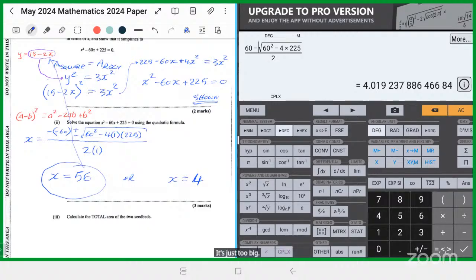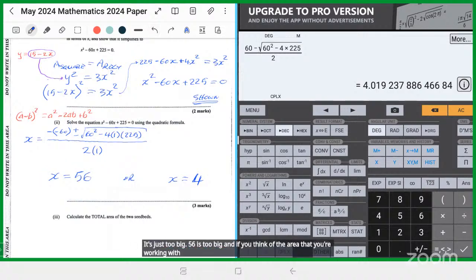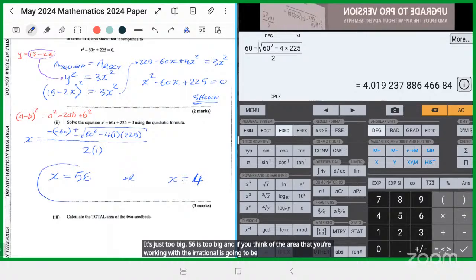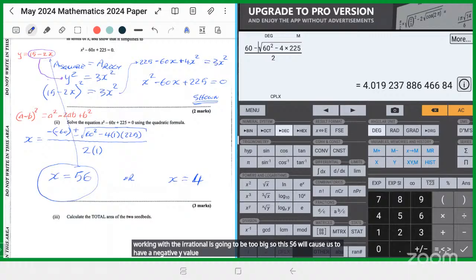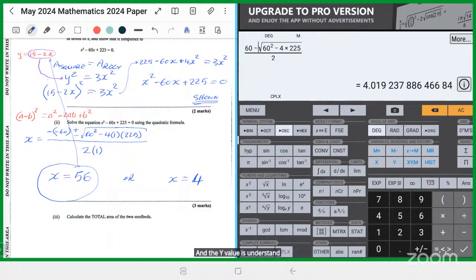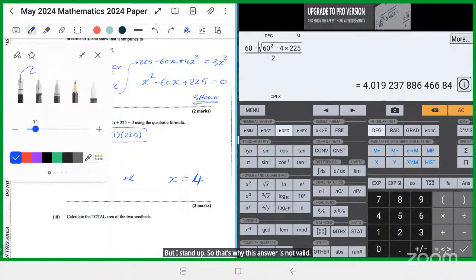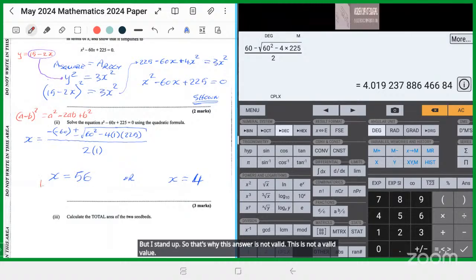If you think of the area that you're working with, 56 will cause us to have a negative y value. And therefore, the 56 is not valid, because the y value is a distance, and a length cannot be negative. So this answer is not valid. It doesn't make any sense.